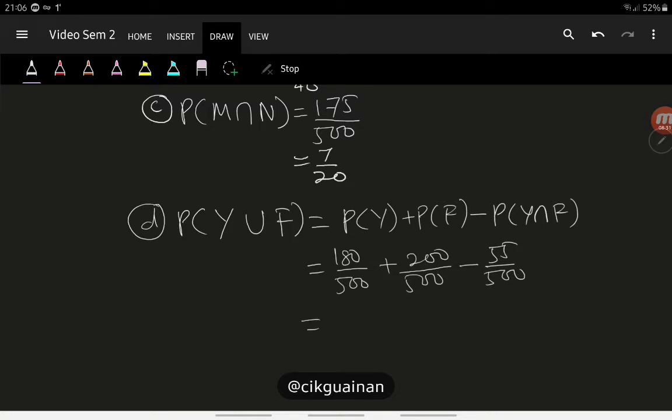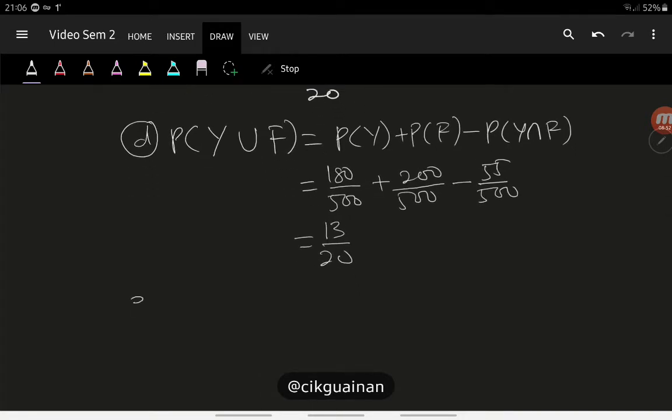So we use calculator to solve lah. 180 over 500 plus 200 over 500 minus 55 over 500. And then we reduce the fraction to 13 over 20.